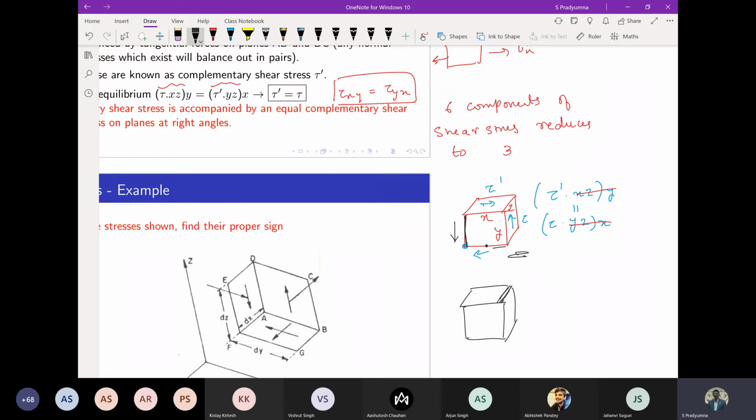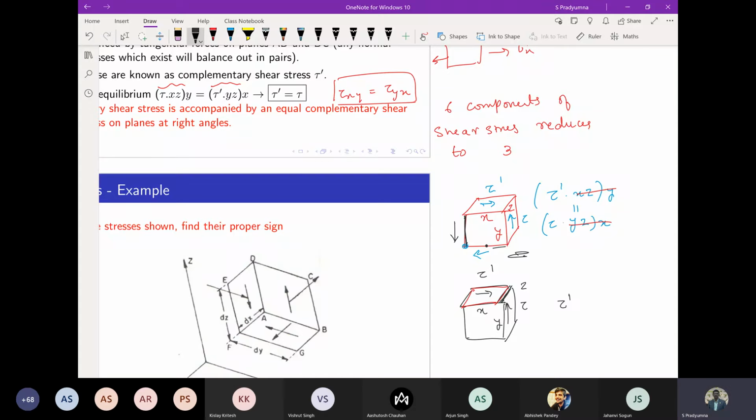this is the cube we are considering. Let's say this is tau dash, this is tau, this is x, this is z. You can consider dx dy dz also, and this is y. So the force acting on this plane, what is that force?